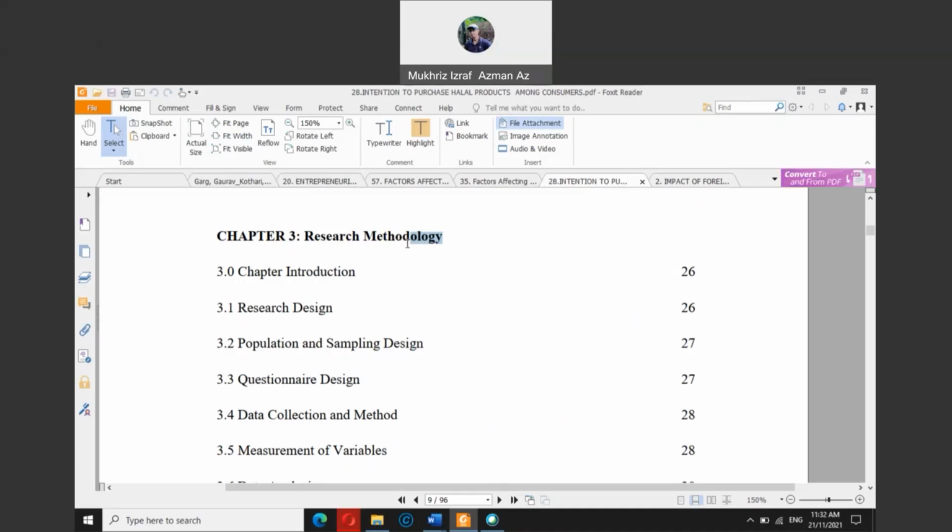So research method is basically how you are going to analyze the data, whether using primary data or secondary data, whether you're going to use simple regression or advanced regression or simple hypothesis testing. There are many ways that you can perform the analysis in your research, as long as the method that you choose is able to answer the research objectives that you outline in chapter 1.